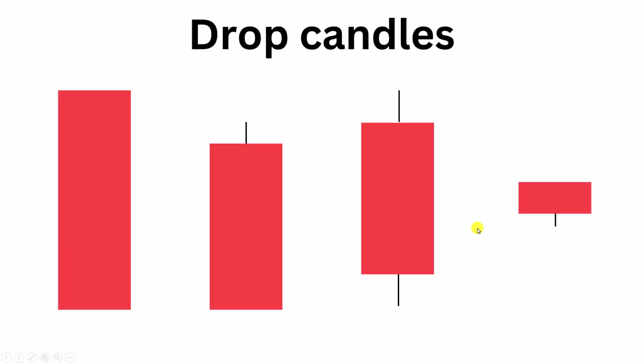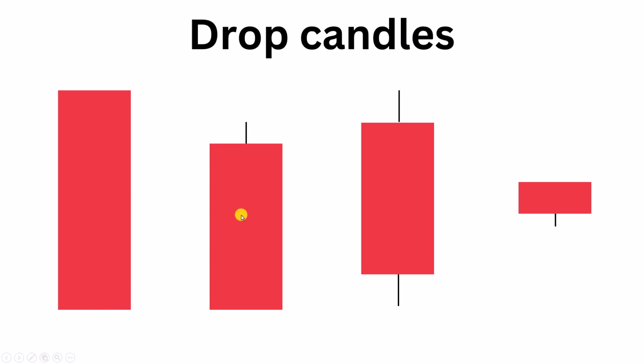The next type of candles are drop candles, and drop candles are of red color. Okay, here once again we have to look at the size of the body and then compare it with the size of the wicks. The size of the body must be substantially higher than the size of the wicks. So if you look at this candle, there are no wicks.